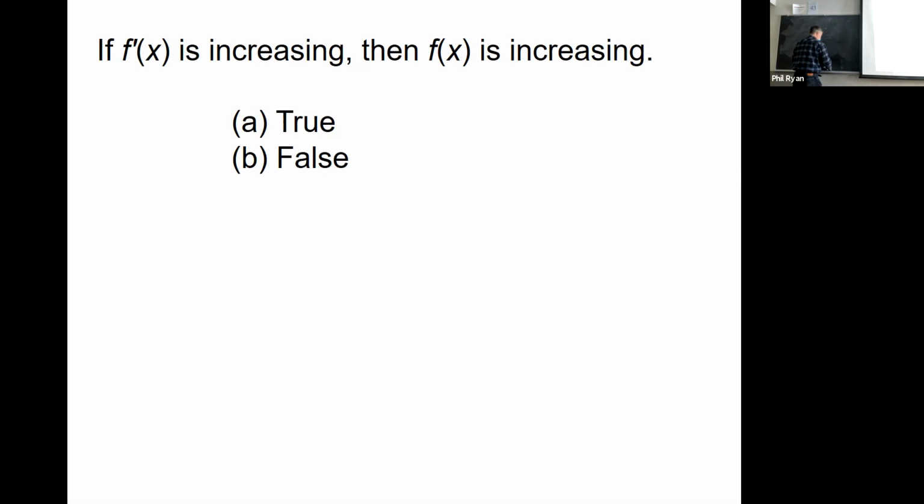But here we could have something like this, where it starts off really negative and it becomes less negative. In this one, F prime is increasing, but is F increasing? No, it doesn't follow that way. So you've got to be careful about which way the implications go.